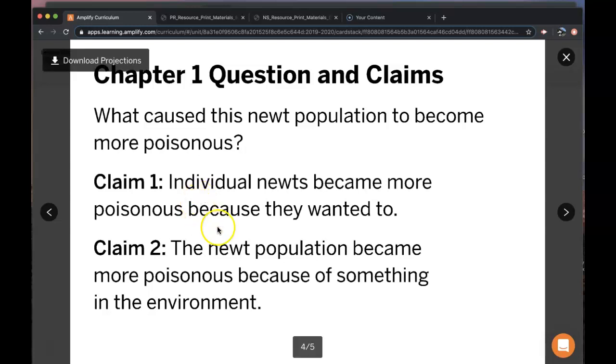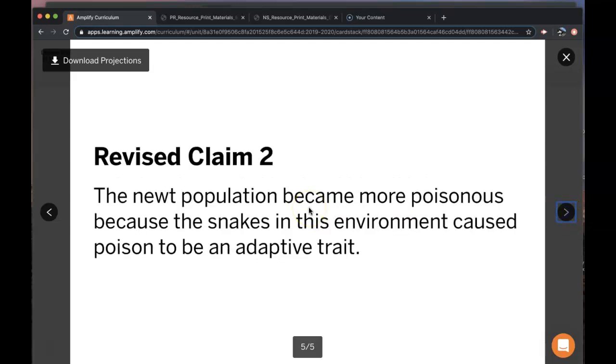Now, claim 2 is supported by evidence, but it could be rewritten to be more specific and use science vocabulary. So let's look at a revised claim 2 now. The revised claim 2 says the newt population became more poisonous because the snakes in this environment caused poison to be an adaptive trait.